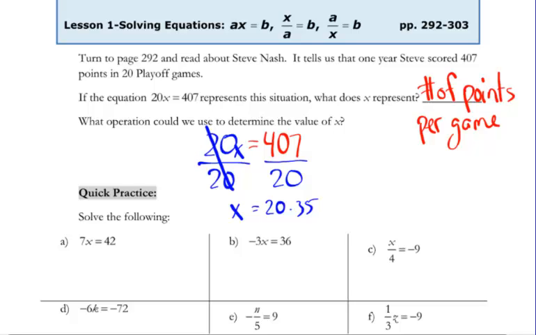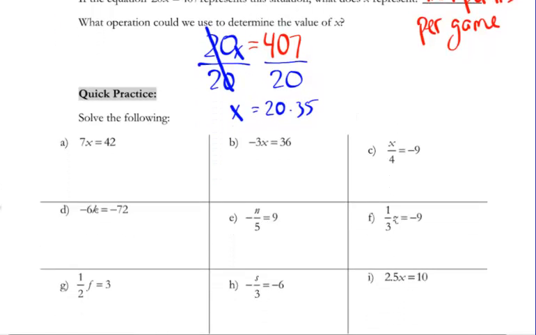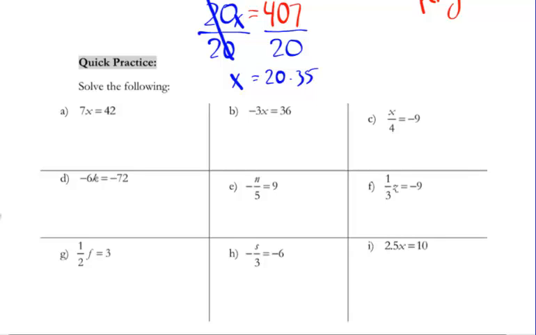Okay, let's try a few. 7x equals 42. Again, that's 7 times x. So we will divide to get rid of that 7, and x equals 6. In B, we can divide both sides by -3.